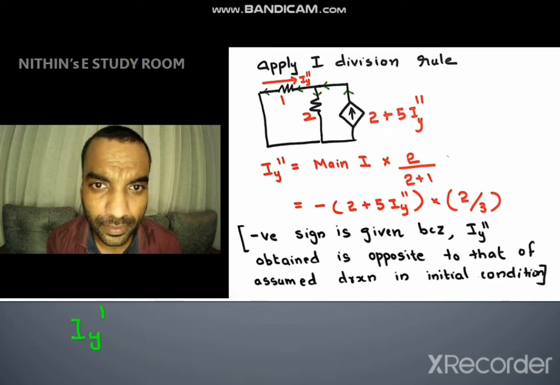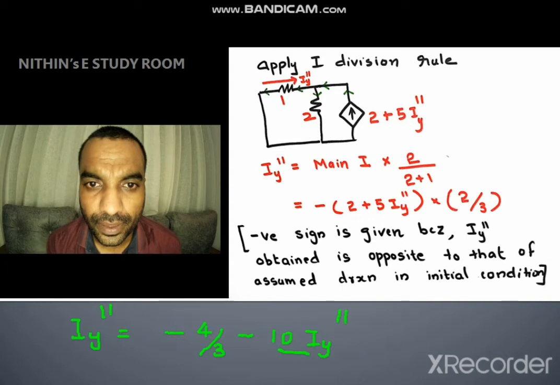Iy double dash is equal to minus 4 by 3 minus 10 Iy double dash by 3.